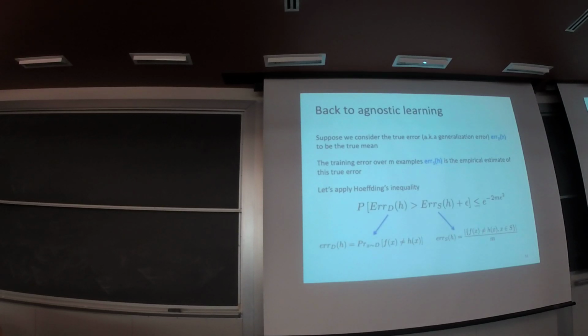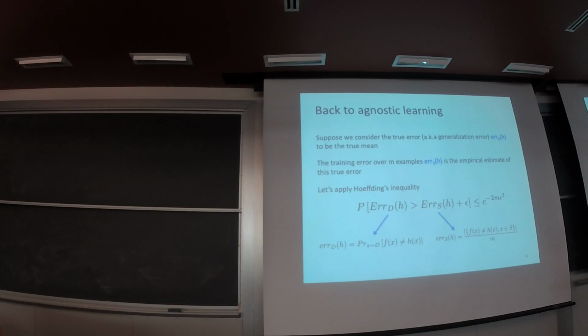It's here. So here, the true error is the true mean, the expectation of all those binary indicator variables. And the training error is just an empirical estimate because it is the average of a set of indicator variables. Each indicator is 1 if and only if we make a wrong prediction. Otherwise, it's 0. So we can directly apply it.